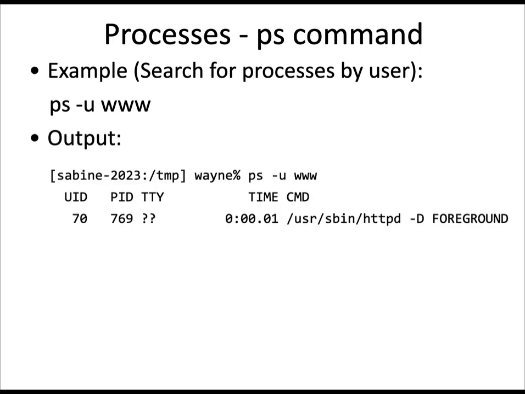And the output would look like this. So, this has one process. There's the command that's being run. The question mark in the TTY column means that it is running in the background, not associated with a TTY.